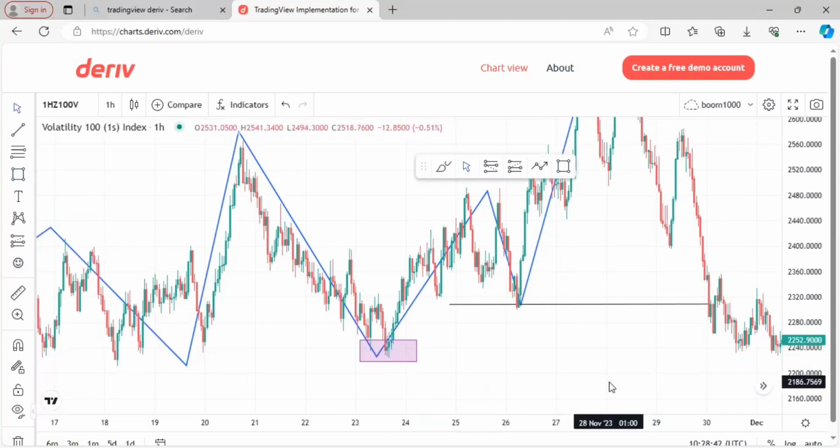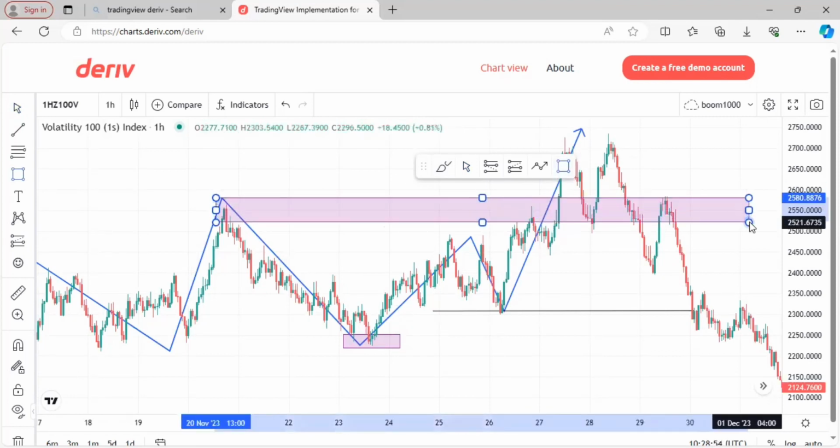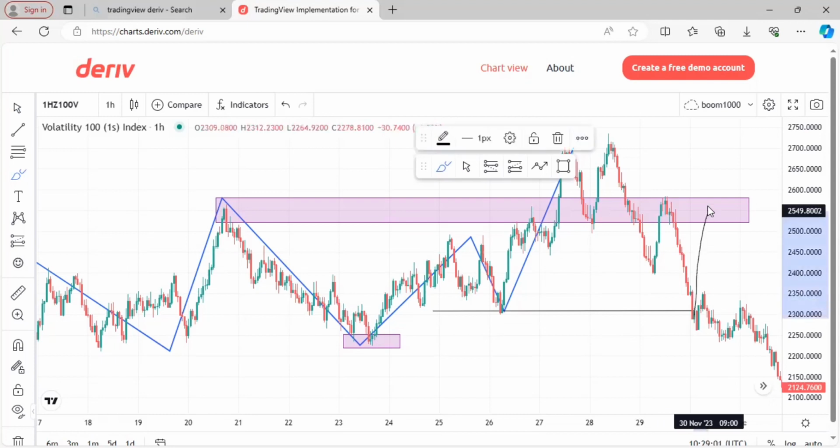Now, do you know what? According to type 2, if market breaks this mini higher low, then all we do is that we come here, or even come here, then we draw our rectangle. So all we are waiting for is a market after breaking it. If market after breaking this was to come here, we would have gotten a sell entry here and enter with our TP here. But do you know what happened?